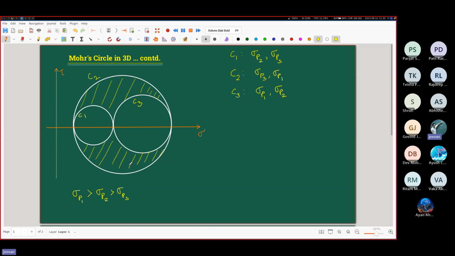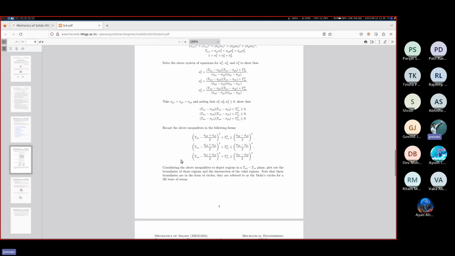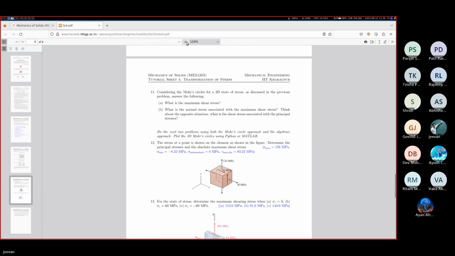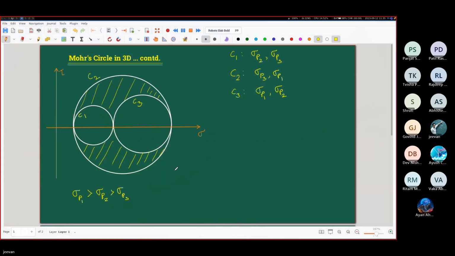Now, this was all there is to question number 10. But if you look at question number 11, something extra has been asked. It says: considering the Mohr's circle for a three-dimensional state of stress as discussed in the previous problem, answer the following: what is the maximum shear stress?